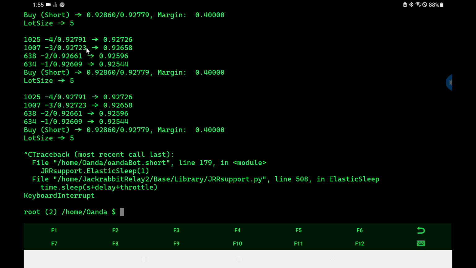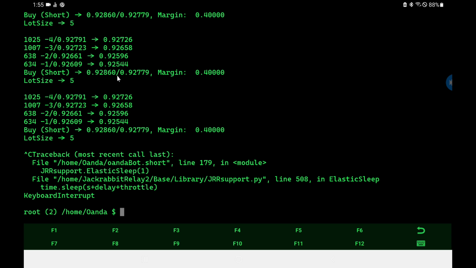For example, here is the highest one, 92,791. 92,726 is the actual point I make my profit. So when the price drops below this number, this ticket number of 4 units gets closed out.